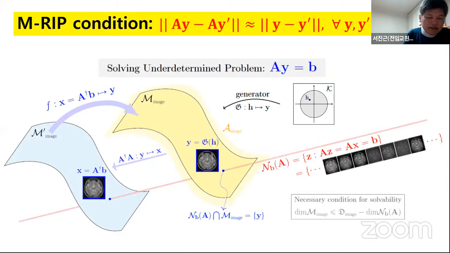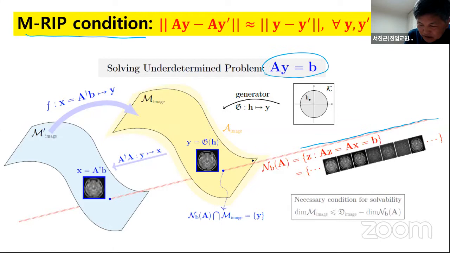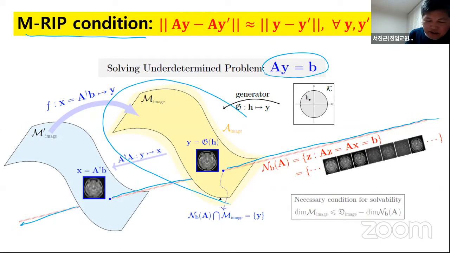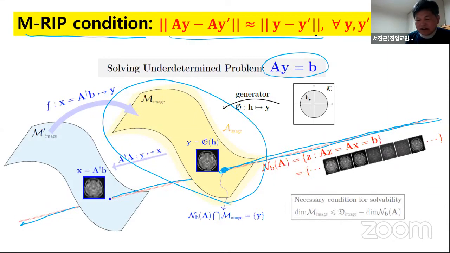The meaning of the MRIP condition is that in solving this underdetermined problem, this one is all possible solutions, a huge dimension, and this is the solution manifold. The intersection point must be one, also satisfying some stability. That's the MRIP condition. If the problem satisfies the MRIP condition, then deep learning is learnable. You can learn it.